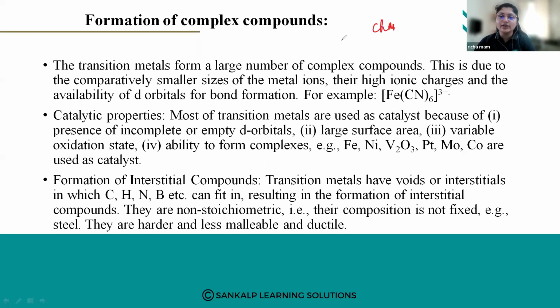Charge density is equal to the charge of the ion upon the size of the ion. If the charge is more, obviously the charge density will be more. This is the first reason why the transition metals form complex compounds.